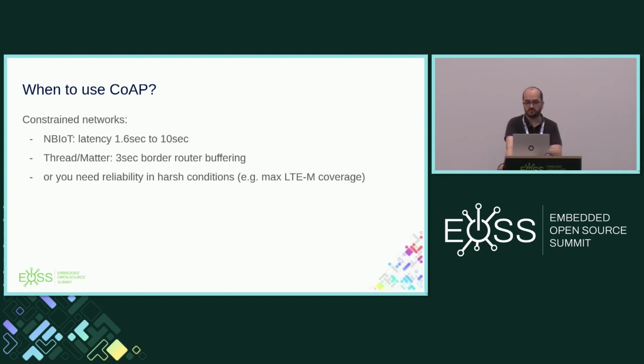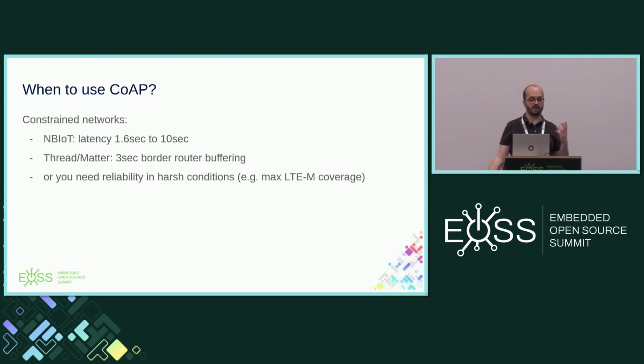You want to use it when you have a constrained network. When I say constrained network, it's something like cellular, NB-IoT, Thread, Matter, where you have high latency, sometimes high packet loss, or if you want to have some kind of reliability on cellular network when you are in fringe coverage in bad condition.